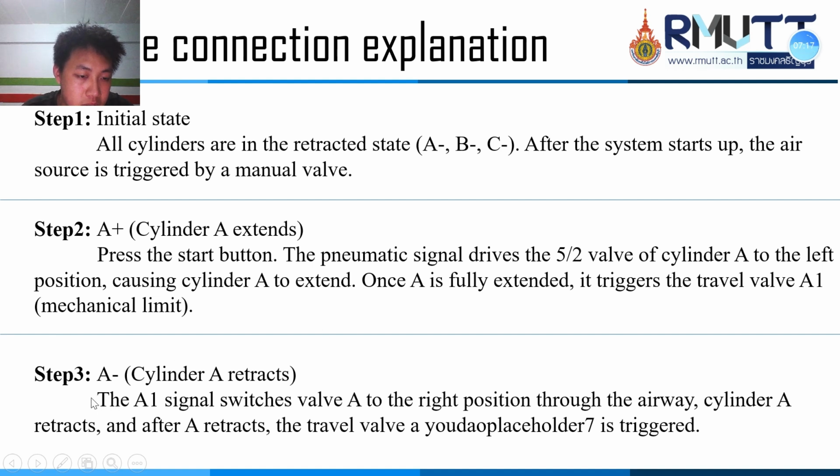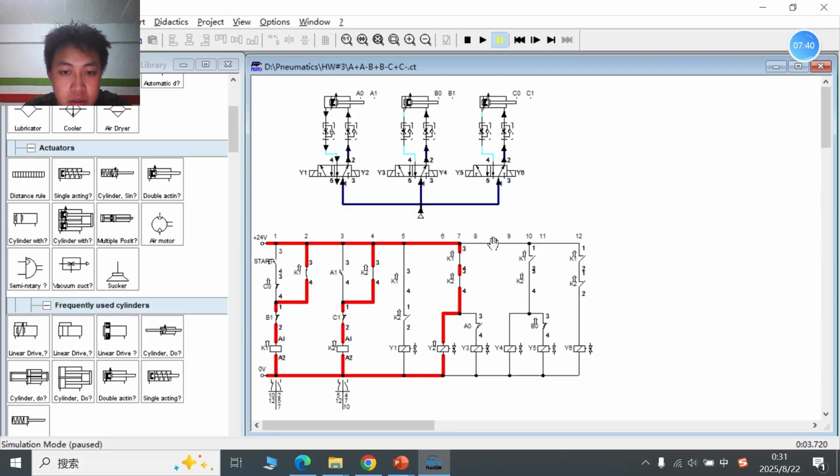So step 3, A minus: the A1 signal switches valve A to the right position, so cylinder A retracts, and after A retracts, the travel valve A0 is targeted.